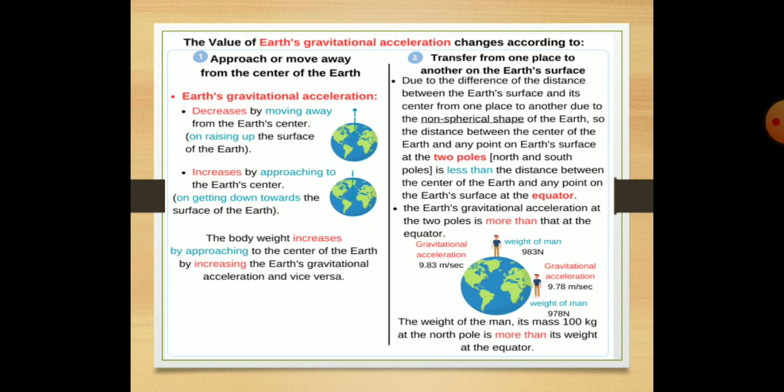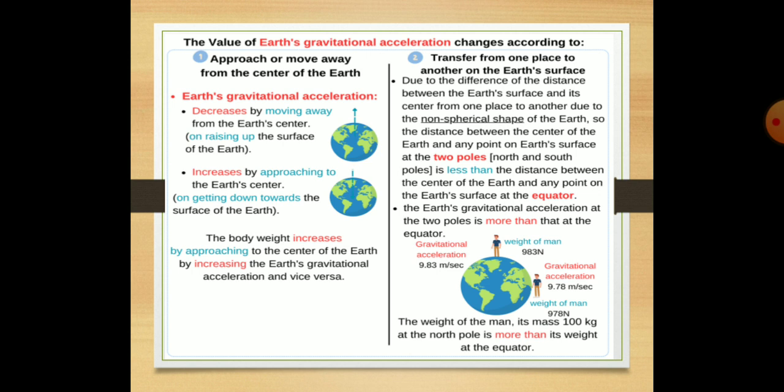And the value of the Earth's gravitational acceleration changes according to, number one, approaching or moving away from the center of the Earth. The Earth's gravitational acceleration decreases by moving away from the Earth's surface and increases by approaching the Earth's center. And number two, transfer from one place to another on the Earth's surface, due to the difference in the distance between the Earth's surface and its center from one place to another, due to the non-spherical shape of the Earth.